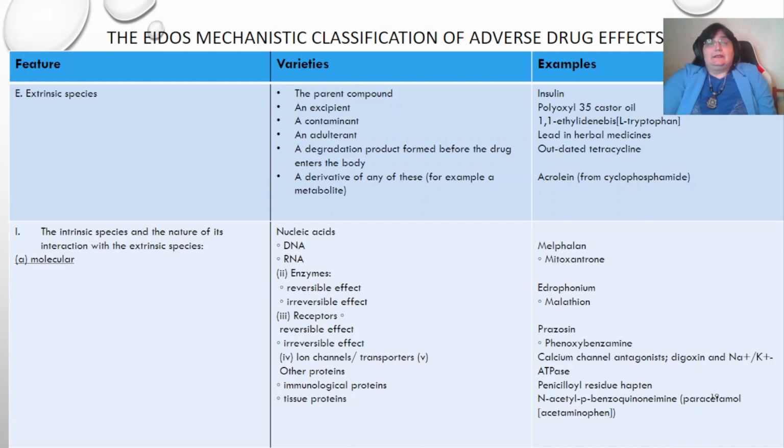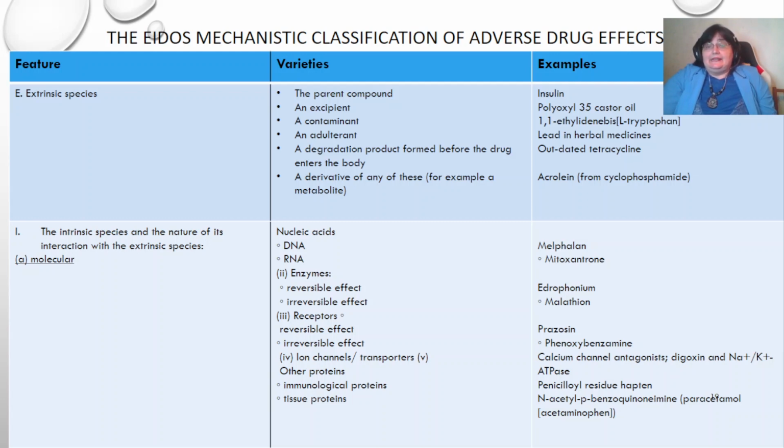When we are talking about the intrinsic species and the nature of its interaction with the extrinsic species, first one is molecule. Varieties: nucleic acids, DNA and RNA. For DNA, it can be melphalan.